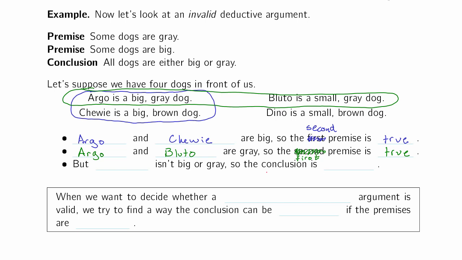But looking at our list of dogs, right? We've got a small brown dog here. Dino isn't gray, and he isn't big either. So our conclusion that all of the dogs have to be either big or gray, that's false.